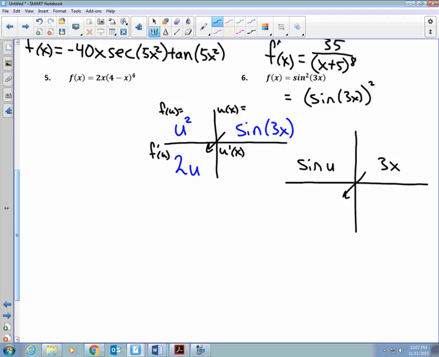What's the derivative of sine of u? What's the derivative of 3x? If I multiply them together, what do you get? So this box has 3 cosine of 3x. That's the derivative. That's what I did.